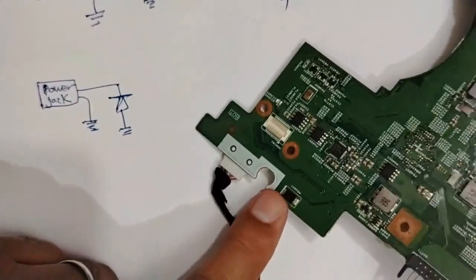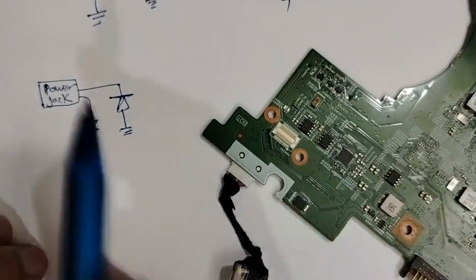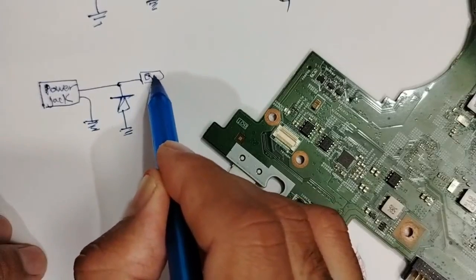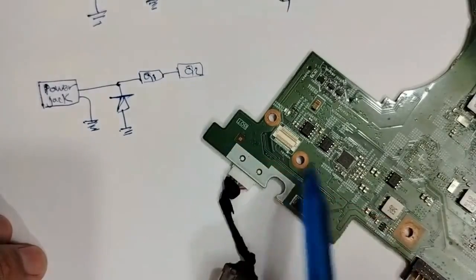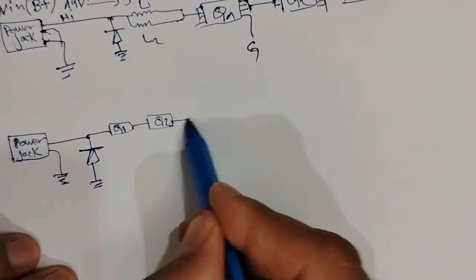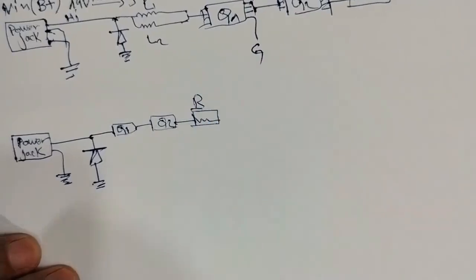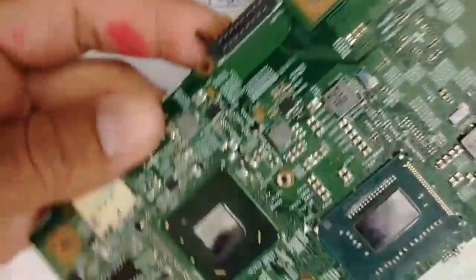Then the 2 switches: the first switch, Q1, the second switch or MOSFET, Q2, and then the current sense resistor, where we find 19 volts.